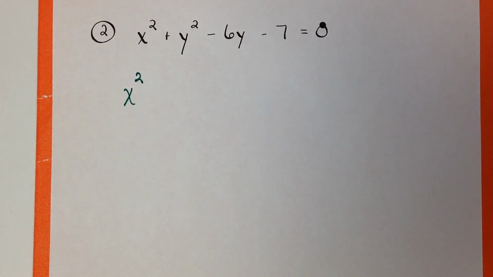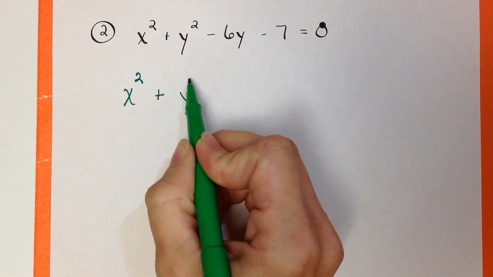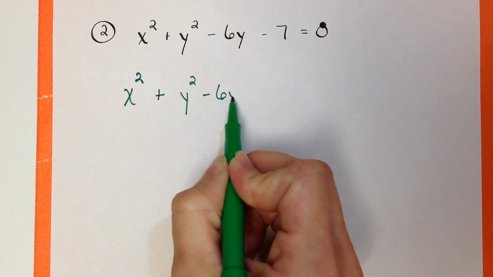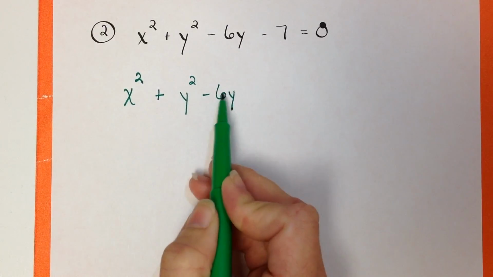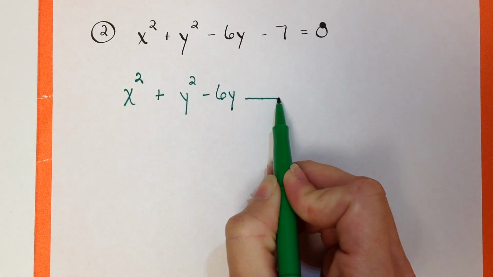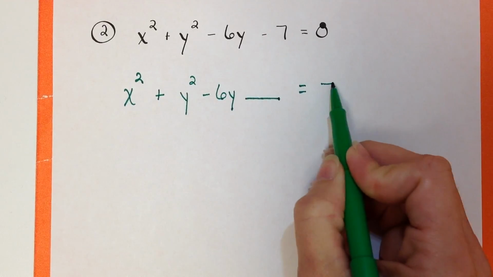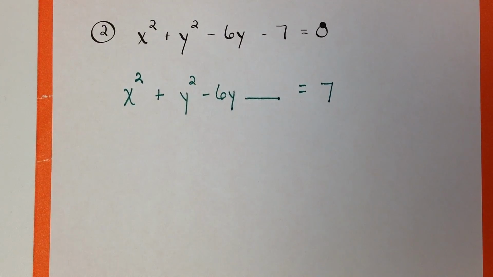You would have to have that other term in which x is to the first power in order to complete the square. So just go ahead and start with your y squared minus your 6y. Now we will have to complete the square on y since I have both of those terms, so leave your space there. Add your 7 to the other side, so now it's going to be equal to positive 7.